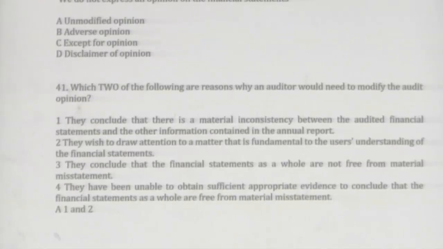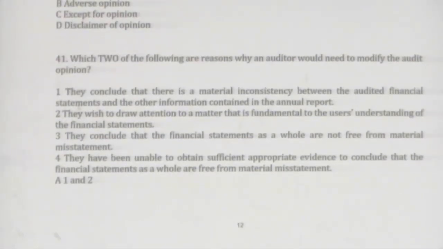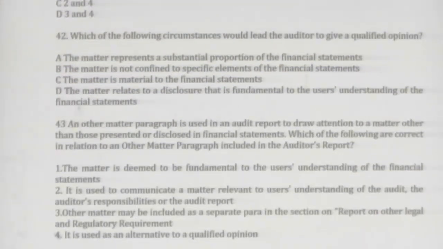One is having audited, financial statements are not free of misstatement; the other one is unable to obtain evidence, right. Under these 2 circumstances, modification, we do not know what the answer can be. When you say modification, it can be qualification or adverse opinion, right. So, the answer is 3 and 4, D, and then in this case, which of the following is a qualification?